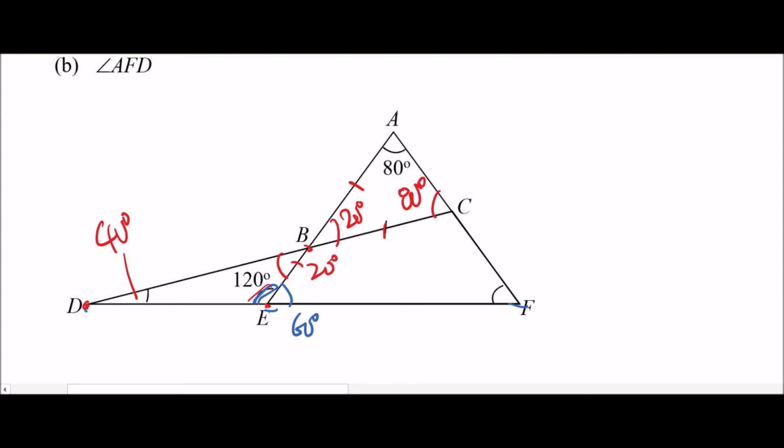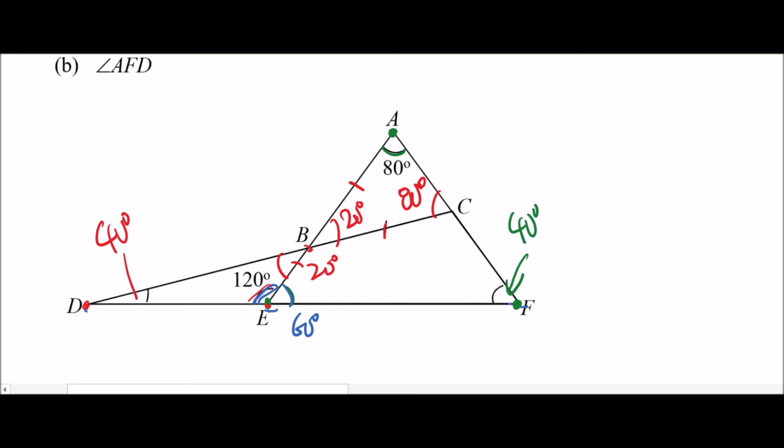Because angles on a straight line. Then how am I supposed to find this angle over here? Can you see that we have a triangle AEF? Right, so we can make use of this triangle. We already know two of the angles, right? So very quickly, by sum of angles in a triangle, this is 40 degrees.